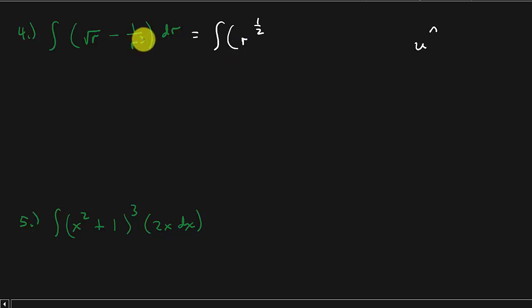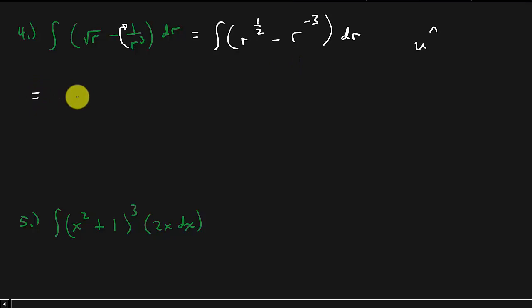And then this one, yes, we've got r raised to a power, but it's in the denominator. Our formula, it's not in the denominator. So what do we do? We just move it across the fraction bar. What happens when we move it across the fraction bar? It changes the sign of the exponent. And so now we have the variable raised to a power, variable raised to a power.